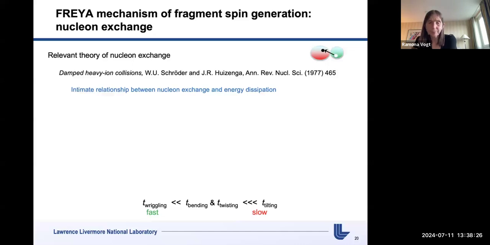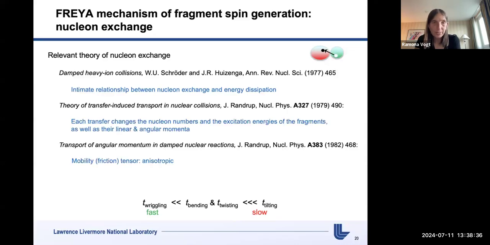And it was started originally based on damped heavy ion reactions in the 70s. This explains the relationship between nucleon exchange and energy dissipation. And then this is built on this theory of transfer-induced transport and damped nuclear reactions.